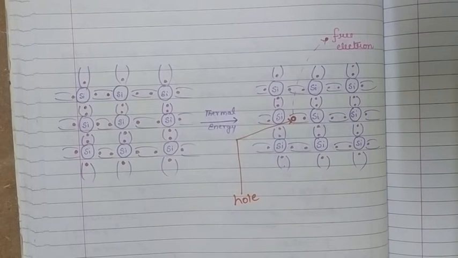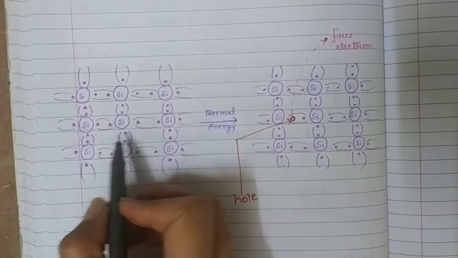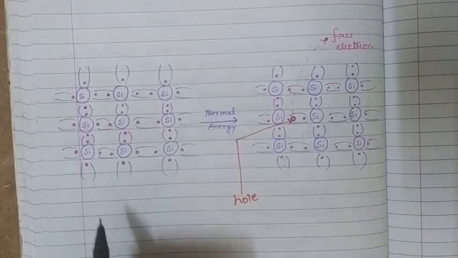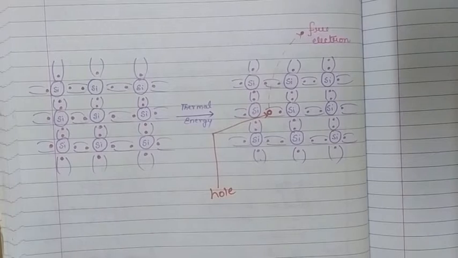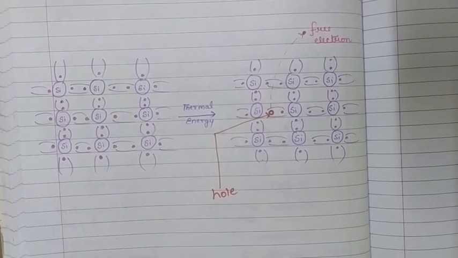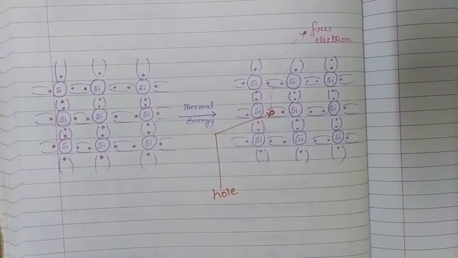Then in such a case the electrons may break away from the covalent bond. So such bonds break because of the increase in temperature. In that case, if the bond breaks, one of the two electrons leaves the lattice and leaves behind a vacancy in the covalent bond.